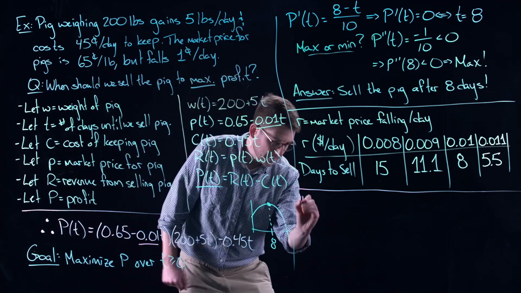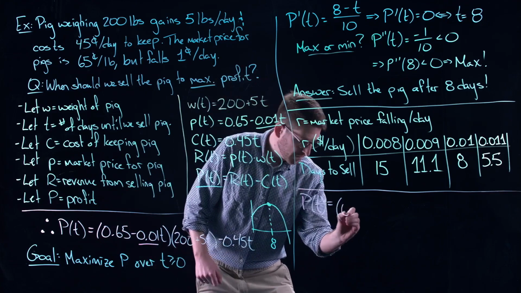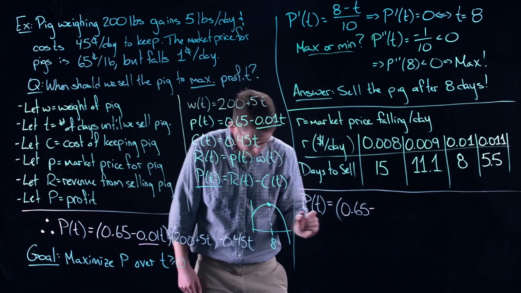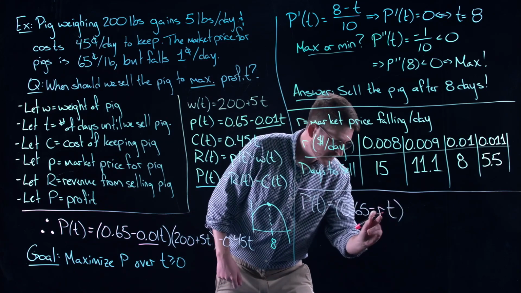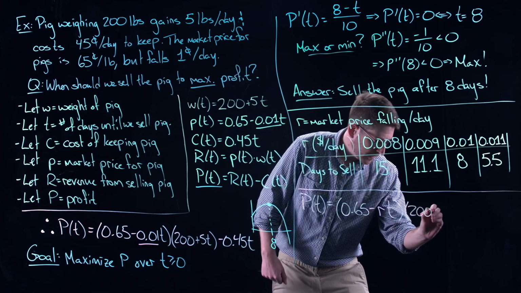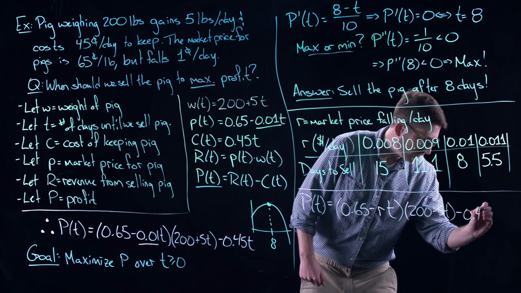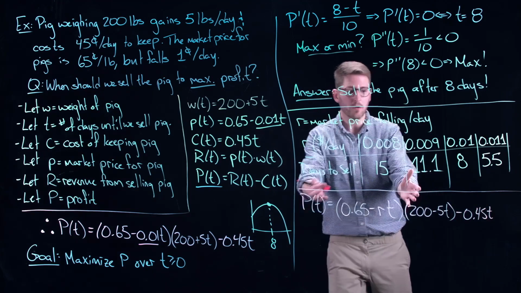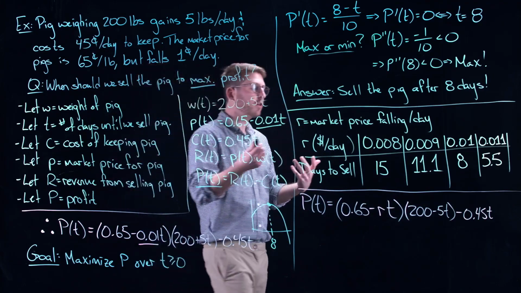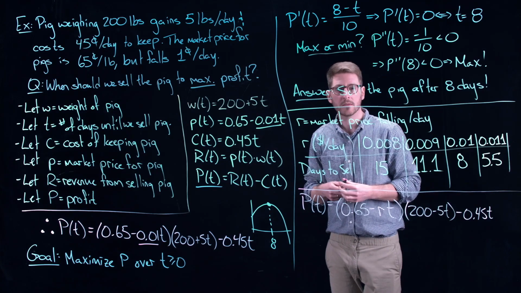I've got the same profit equation, but I'm going to use a parameter in here now. So this is going to be minus RT instead of 0.01T, 200 minus 5T, and then minus 0.45T. The only thing that changed is I put in a parameter here. If you put R equal to 0.01, you're going to repeat all of the analysis that we just did.